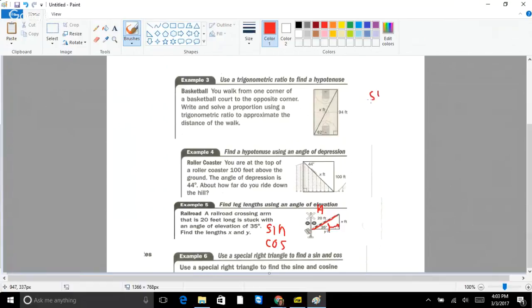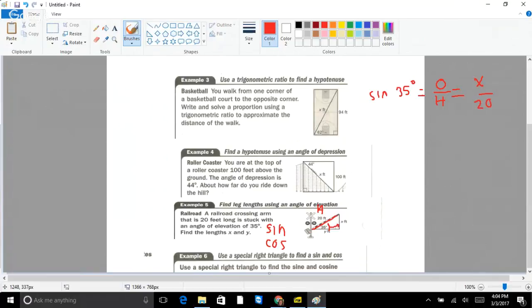So that means that the sine of 35 degrees equals the opposite over hypotenuse. And our opposite side is x, and our hypotenuse is 20.